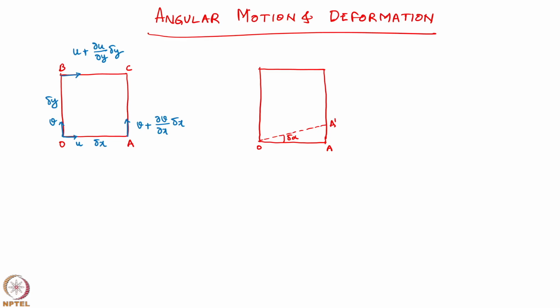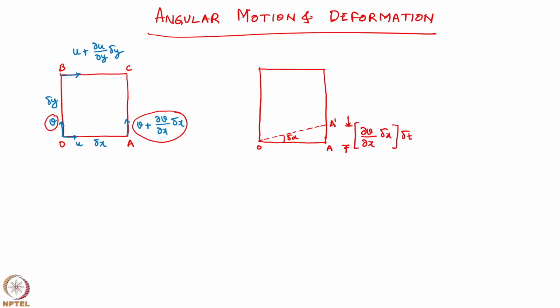What is this distance, which has occurred over a time t? It is the difference between V plus del V by del x minus V. So you get this as del V by del x into delta x into delta t.